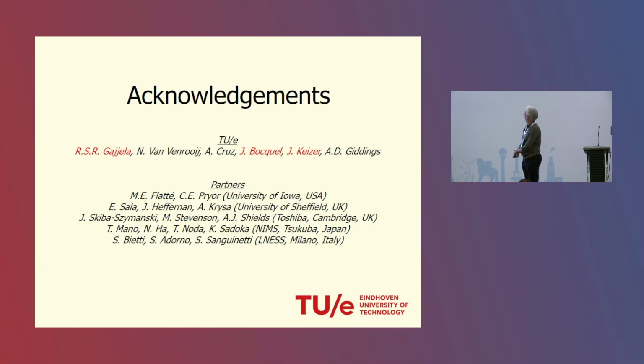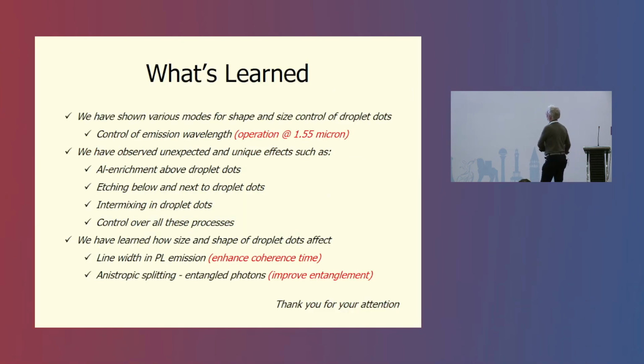Let me finish by showing you what's learned. I think we have shown there are various modes for shape and size control of droplet dots, and especially we can control the emission wavelengths. And I think for communication it's very important that we can operate these quantum dots at 1.55 micron.